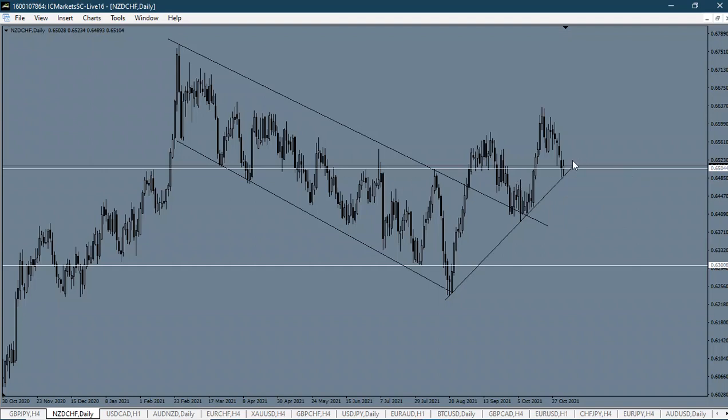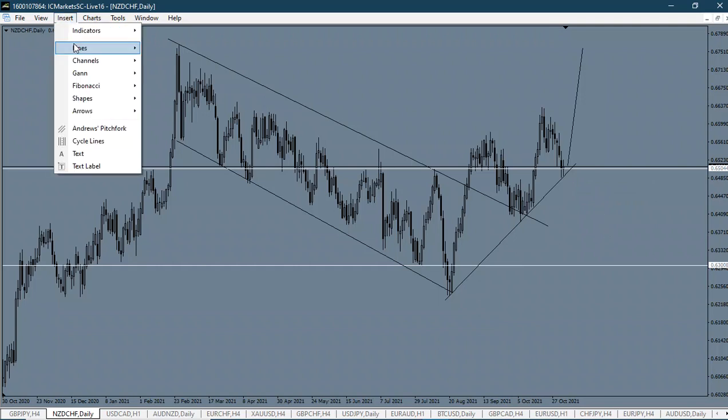A third touch on our trend line, validating this trend line, and also a touch on our support zone. This gives us a strong confirmation to go for buying opportunities. So should our trend line be crossed, that's when we'll be expecting to go for selling opportunities.